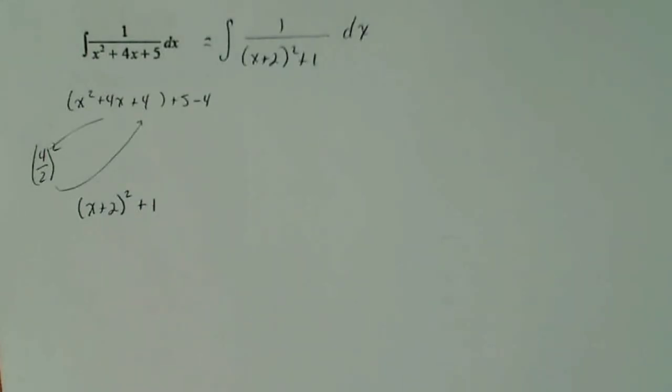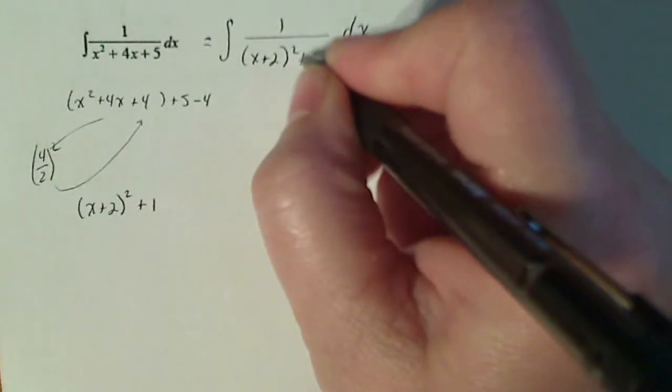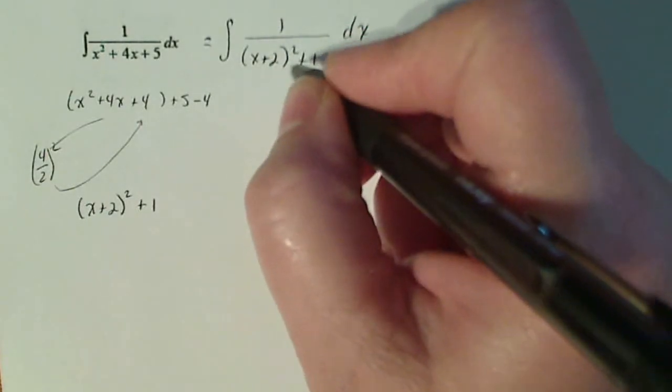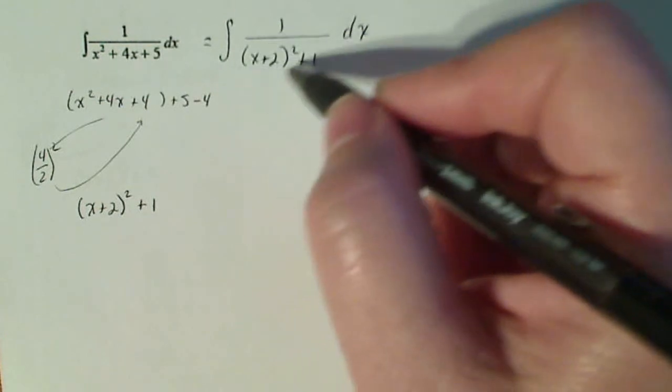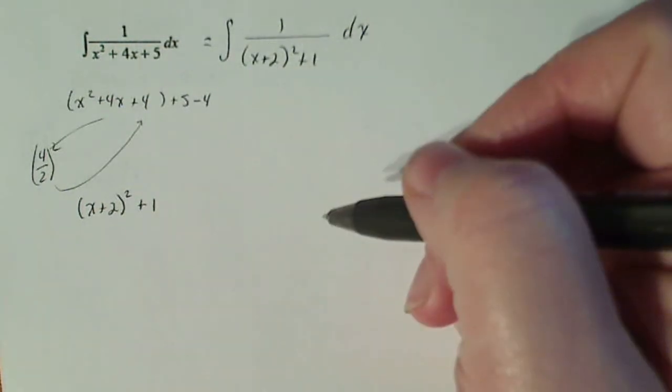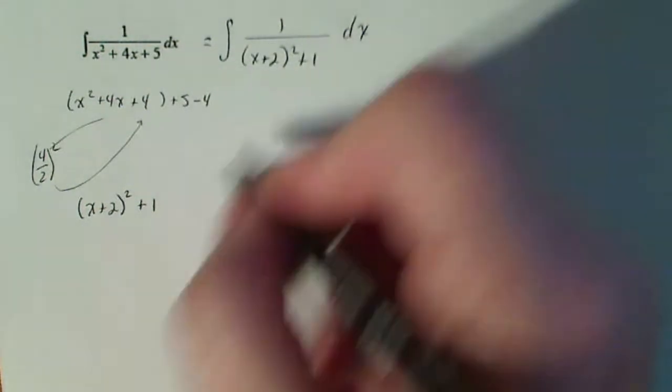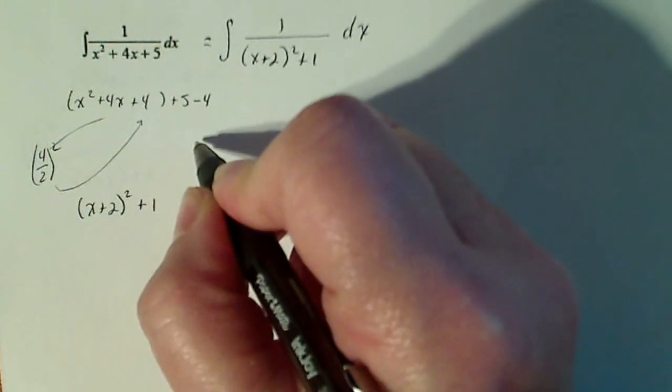Now, if I'm going to do a trig substitution, I have two choices. Well, there's three choices, but we're only going to have two choices. You're either going to be using sine or tangent. And the one you choose is dependent upon what sign this is. Since I know that tangent squared plus 1 is secant squared, I'm going to use tangent to be my substitution.